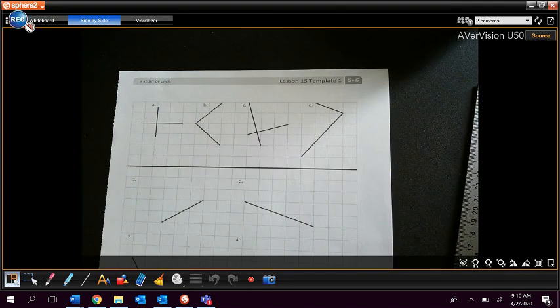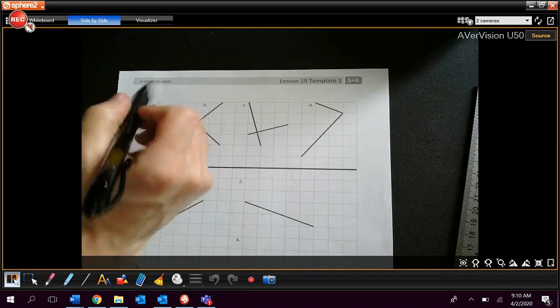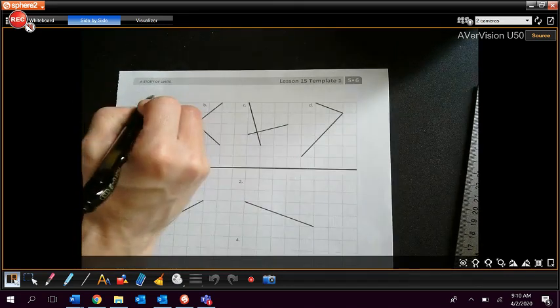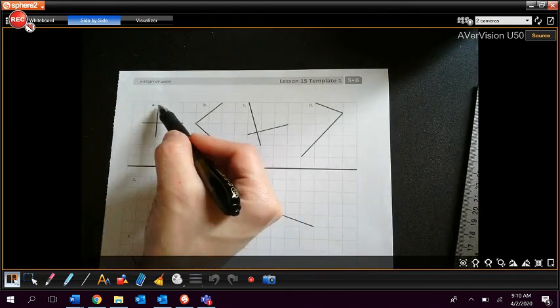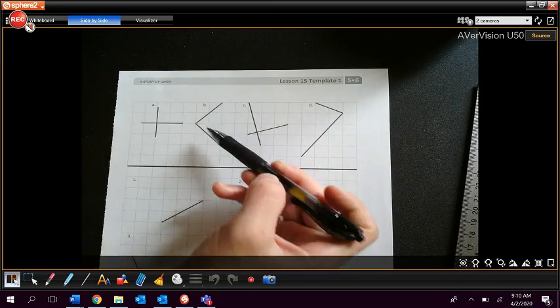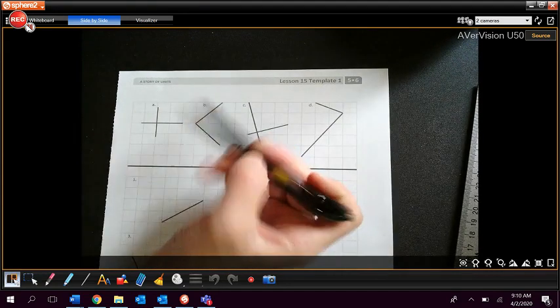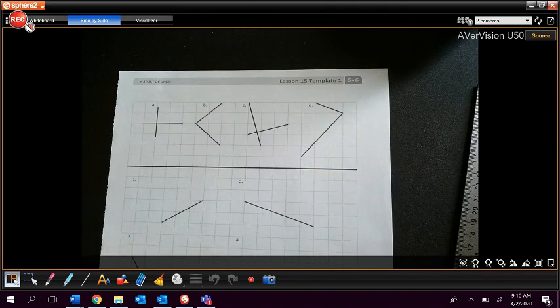For the ones you think are perpendicular, write the letter P on the top. If you think A is perpendicular, write a letter P. If you think B is perpendicular, write a letter P on the top. I'm going to give you about 5-10 seconds to do that. You may pause the video really quick and then press play.